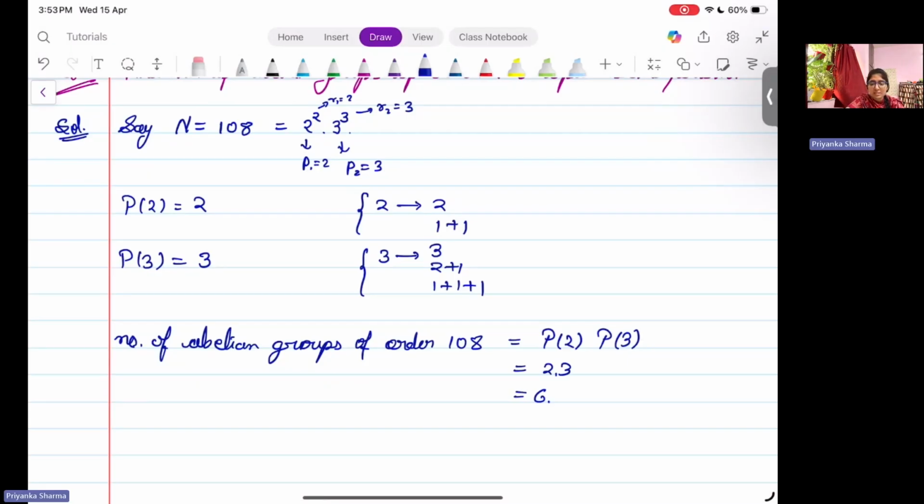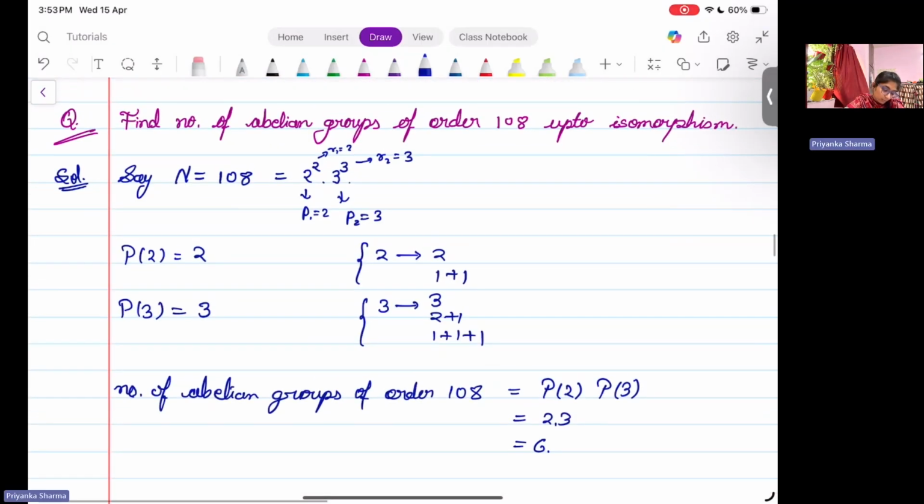So we will have 6 abelian groups of order 108 up to isomorphism.